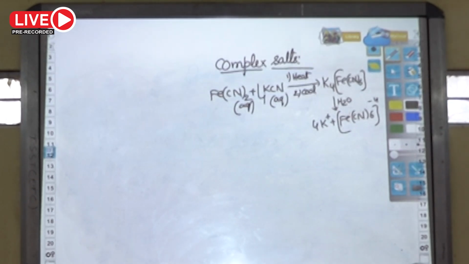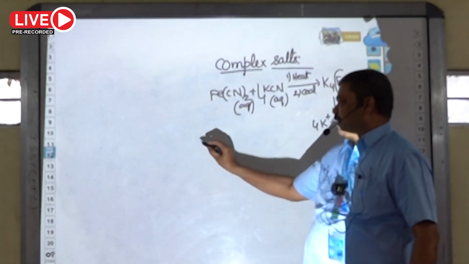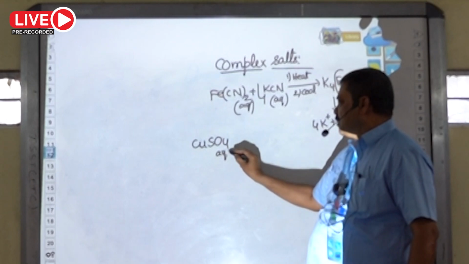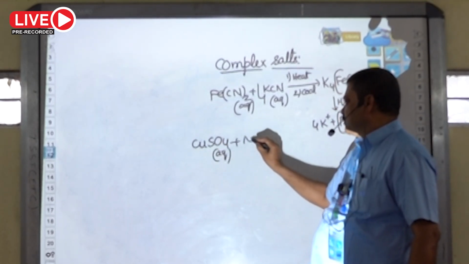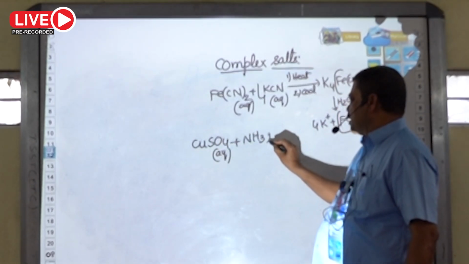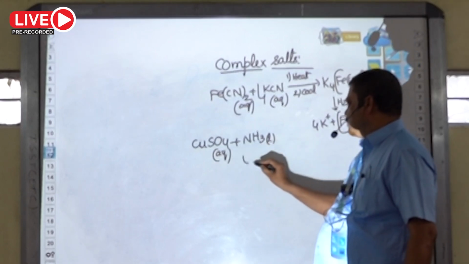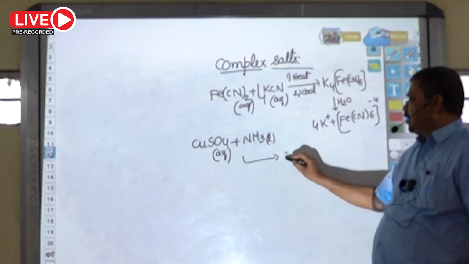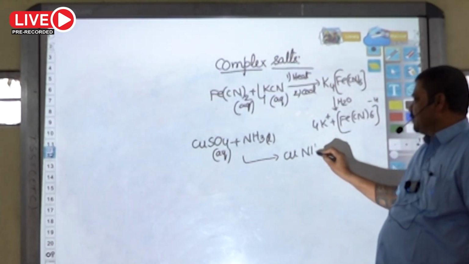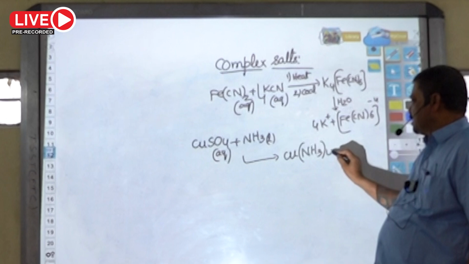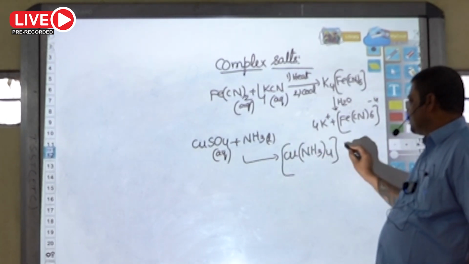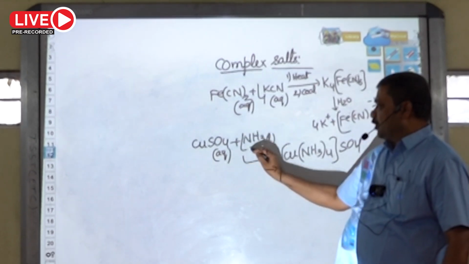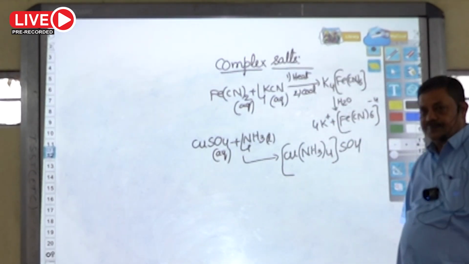I'll give another example. If you take cupric sulfate aqueous solution plus liquid ammonia, you will get a deep blue colour complex, Cu(NH3)4 SO4. Write 4NH3 here.